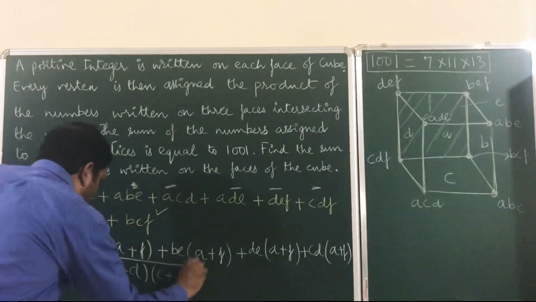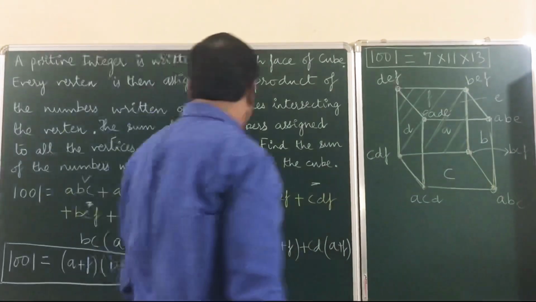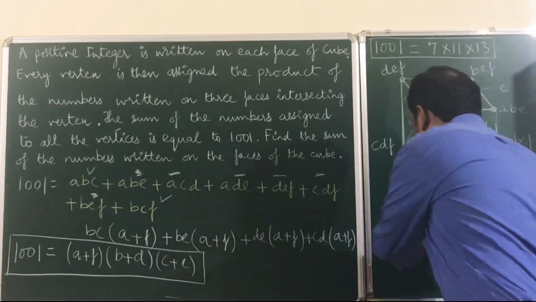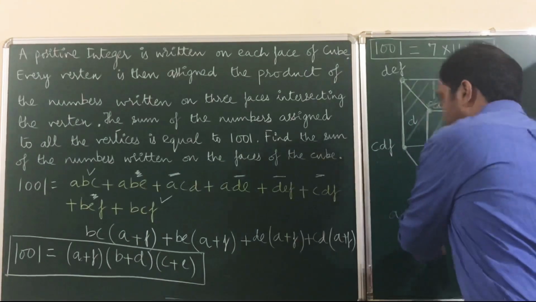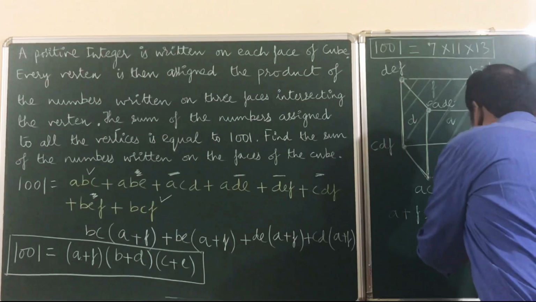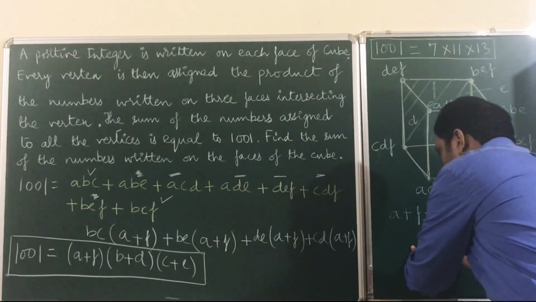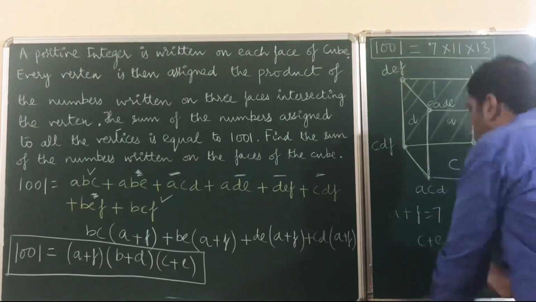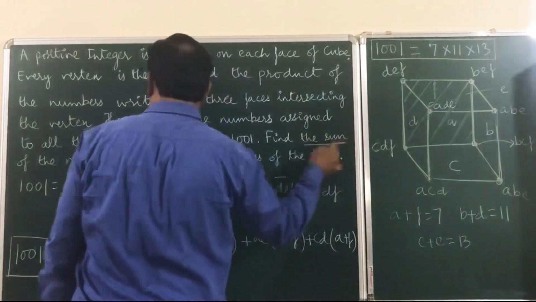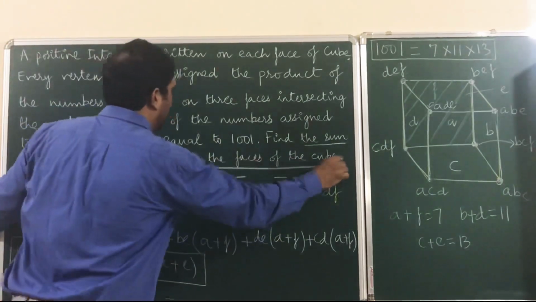So now it has become quite easy. A plus F we can write equal to 7, B plus D equal to 11, and C plus E equal to 13. So what we have to find is the sum of the numbers written on the faces of the cube.